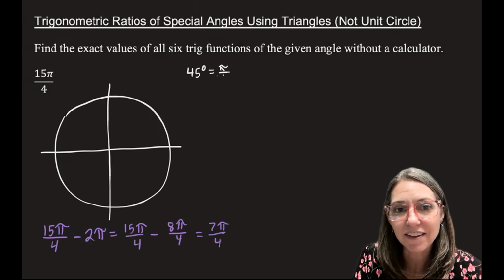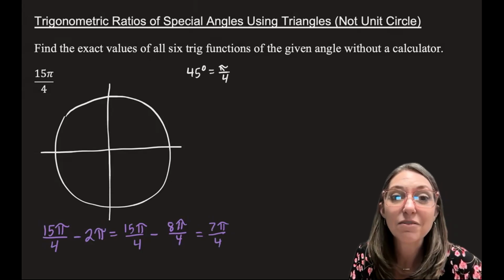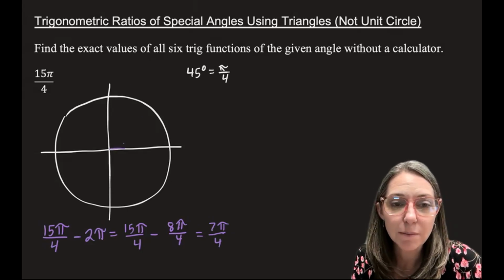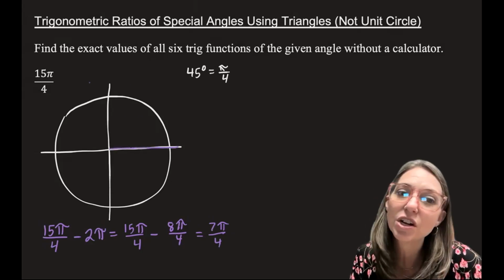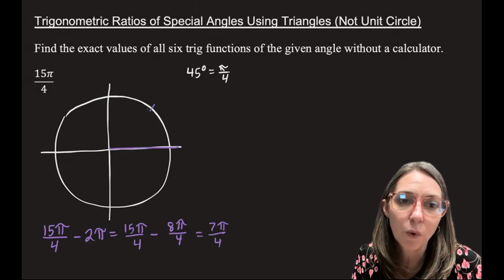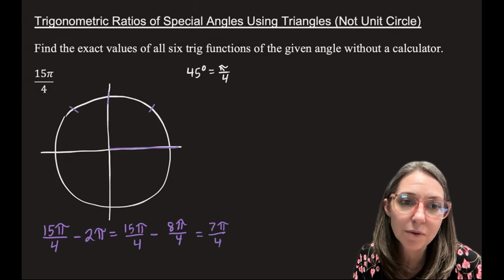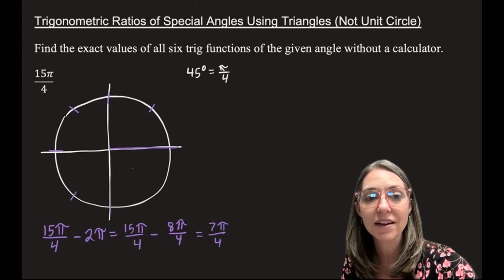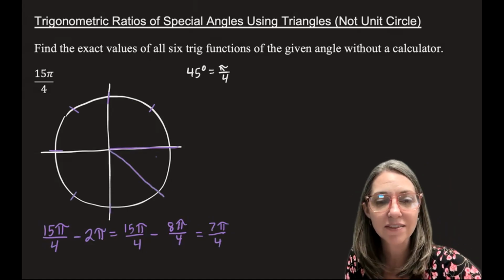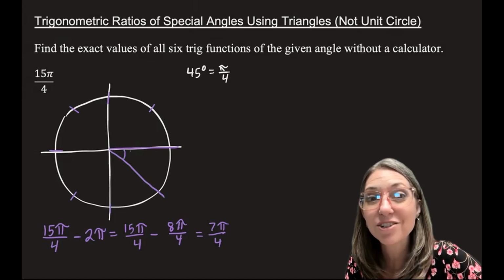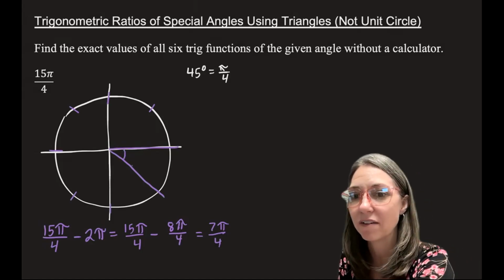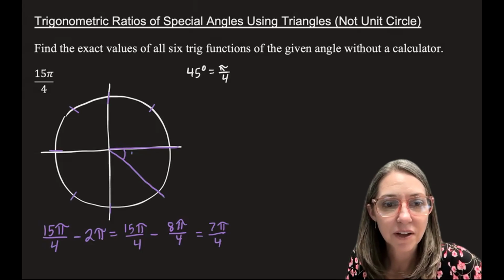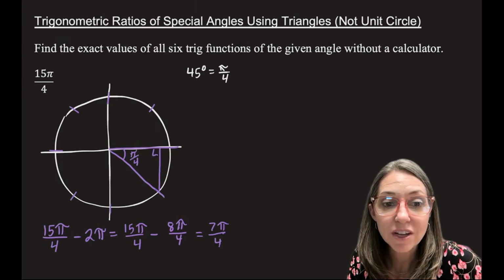Starting at the positive x-axis in standard position going counterclockwise, here's 1 pi over 4, 2 pi over 4, 3 pi over 4, 4 pi over 4, 5 pi over 4, 6 pi over 4, and 7 pi over 4 ends right there, which means that the reference angle is just 1 pi over 4, or 45 degrees. So if you know the unit circle, you can do it that way. I'm going to do it using triangles.